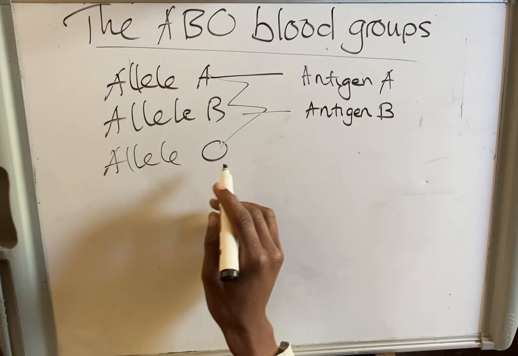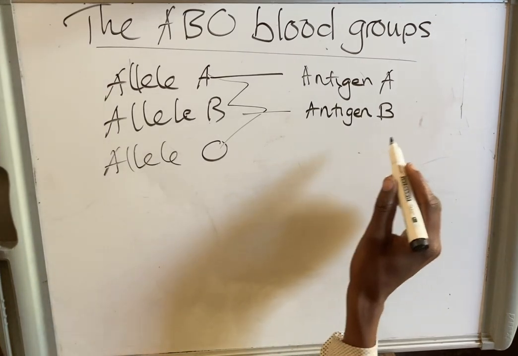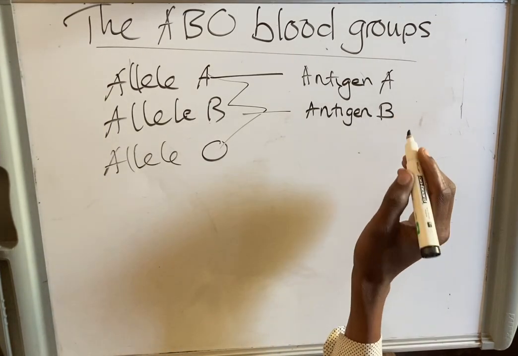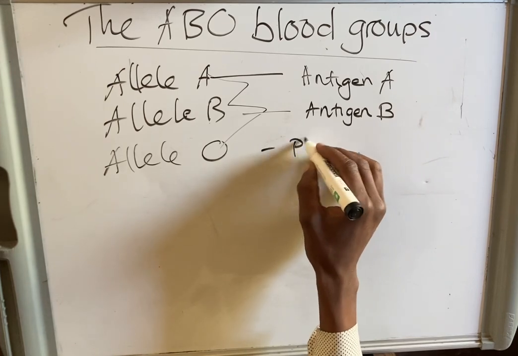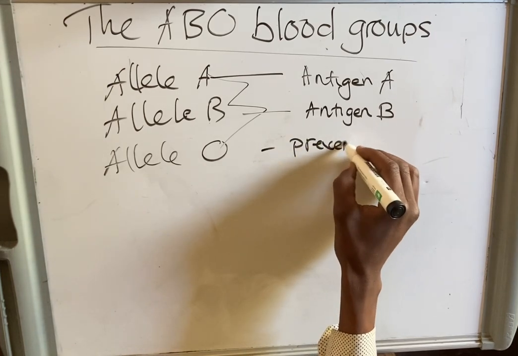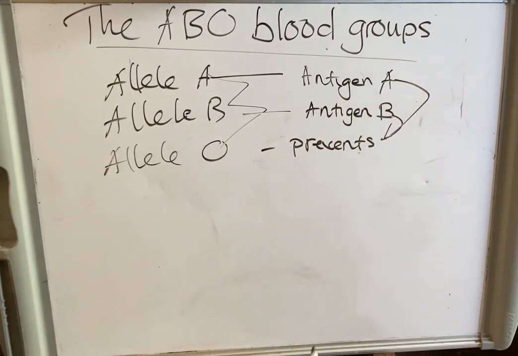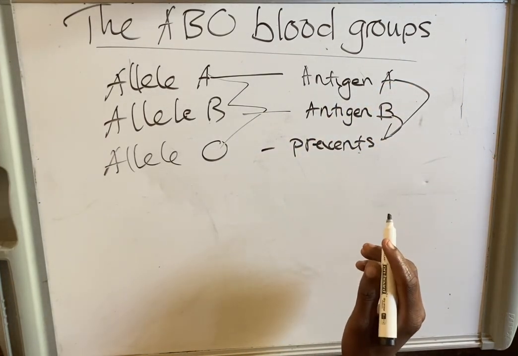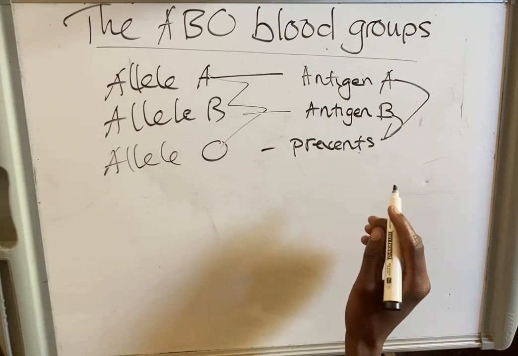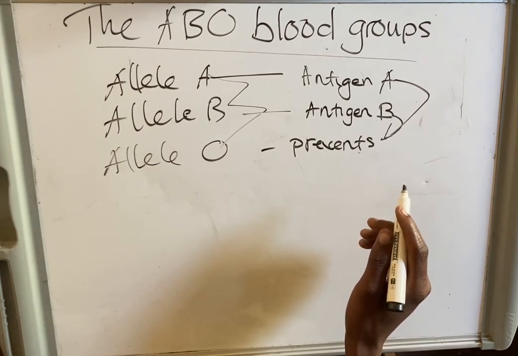But allele O prevents the formation of antigen A and antigen B on the surface of the red blood cells.